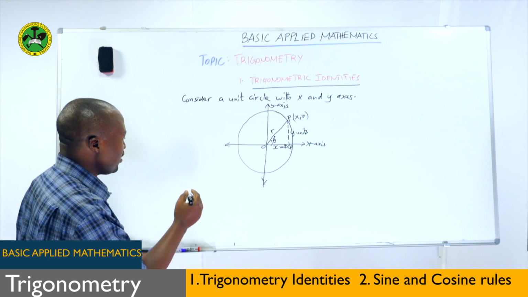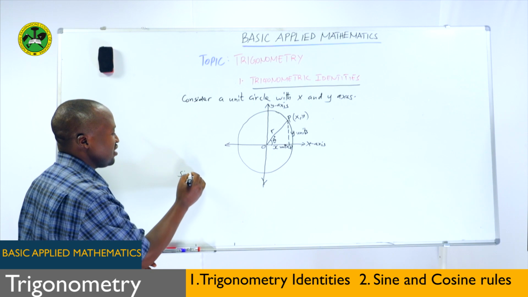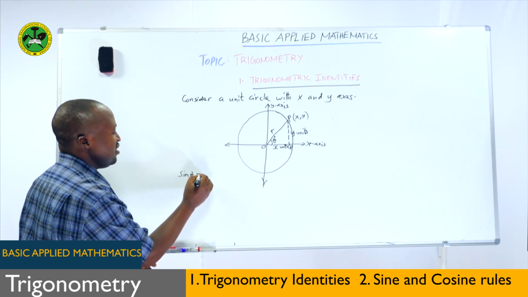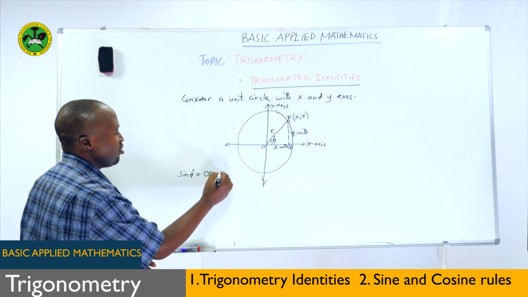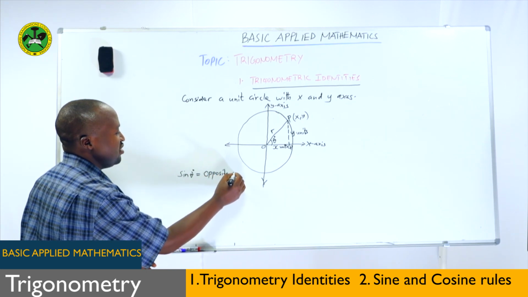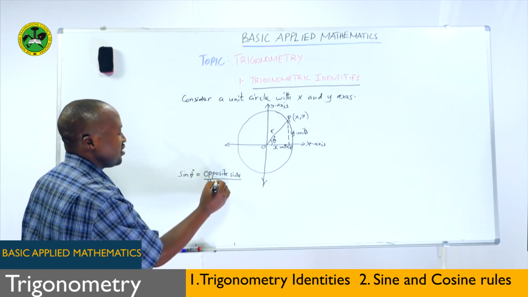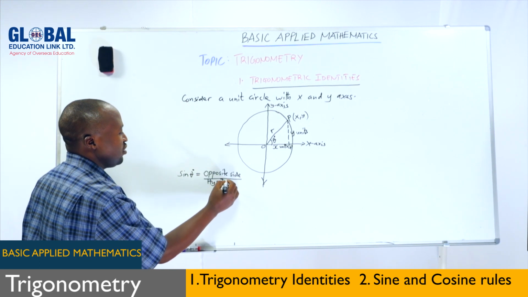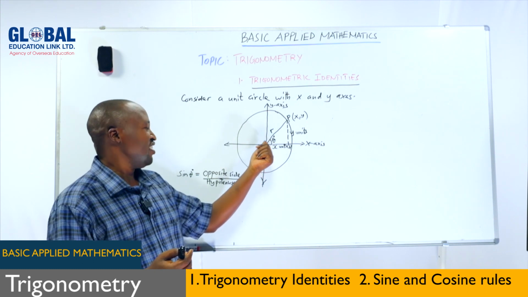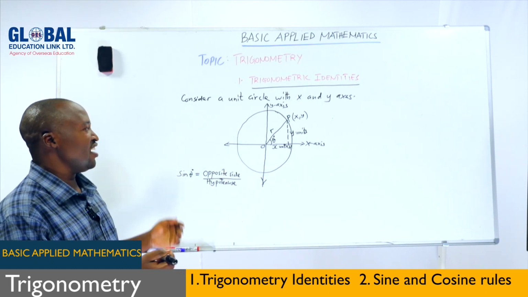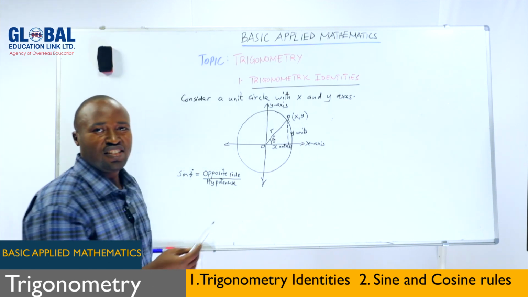Now, remember, sine of any angle, that is sine theta, is given by the opposite side divided by the hypotenuse. Remember, here is angle theta. So if we are talking about sine theta, the opposite of angle theta is y unit.